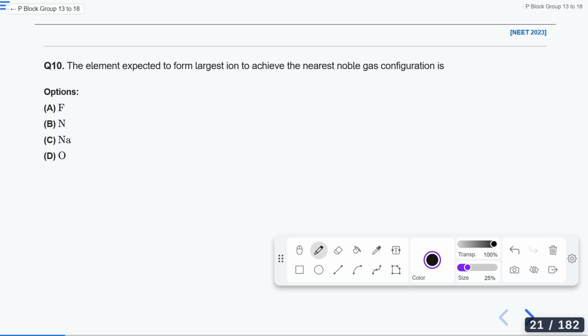First, you will try to write the noble gas configuration for each of them one by one. Nearest noble gas configuration, how will you write it? For fluorine, how many electrons will you add so that it can have the nearest noble gas configuration?